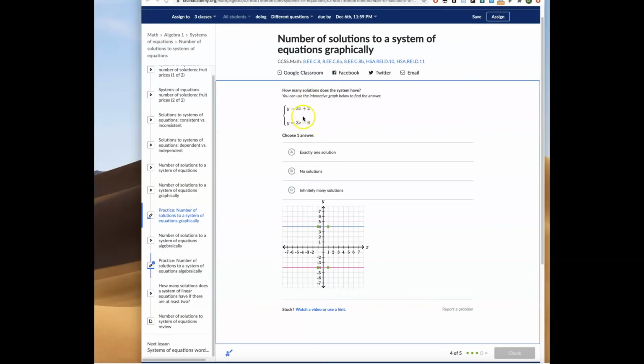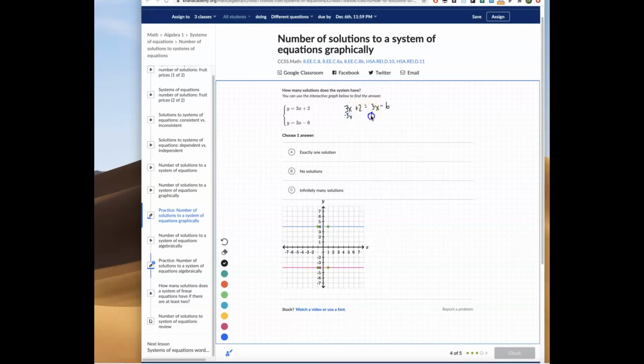So for example, I could use substitution here. If y is equal to this stuff and y is equal to that stuff, then those two things must be equal to each other. So if I set them equal to each other, let's watch what will happen. Let's say I subtract 3x from both sides.